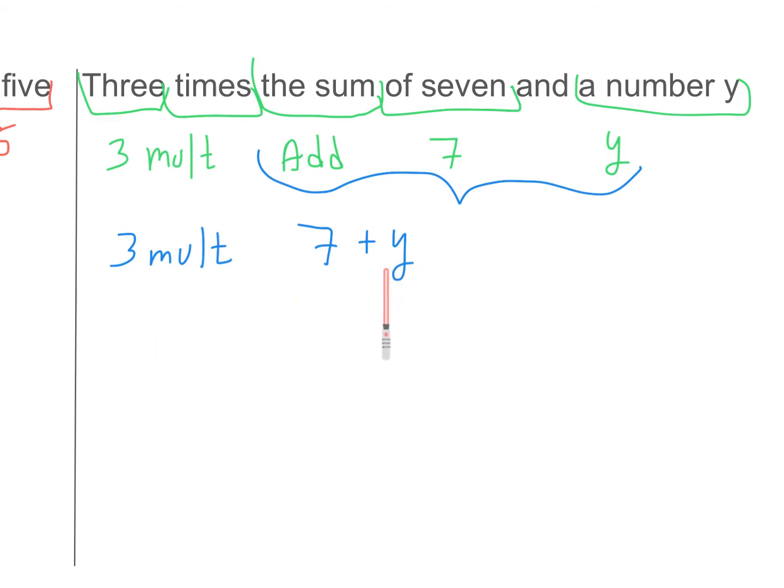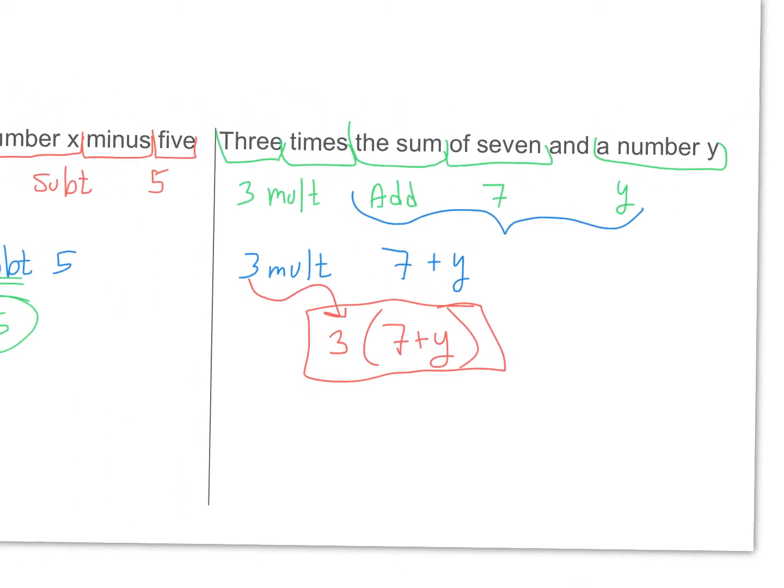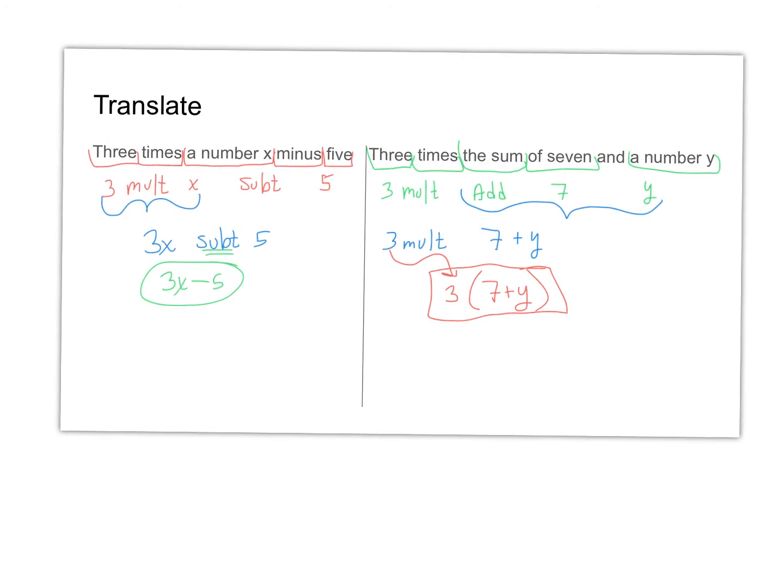We're doing the 7 plus y, which means we're going to need to use parentheses to do this. So I'm going to put the 7 plus y in a parenthesis, and I'm going to put the 3 out in front. And that's how that one looks. So I'm going to back out so you can see the previous problem and this one before I move on. So you have everything you need. All right, so let's continue onwards.